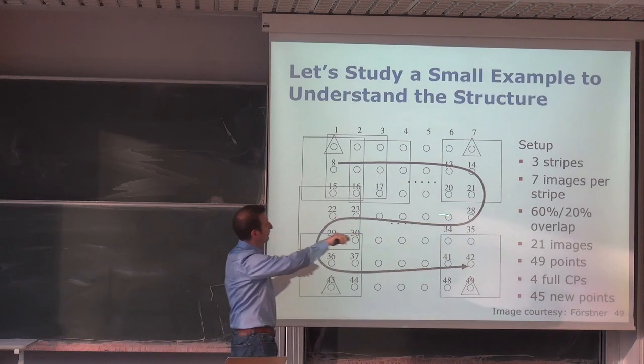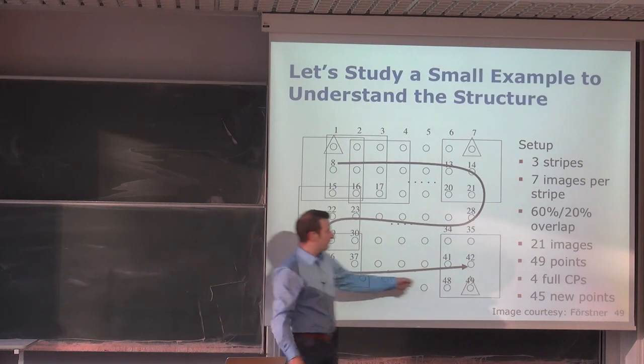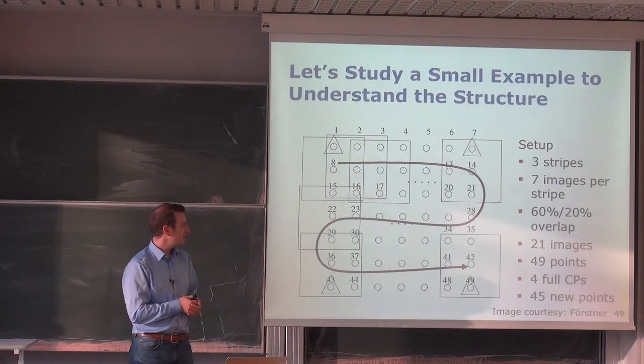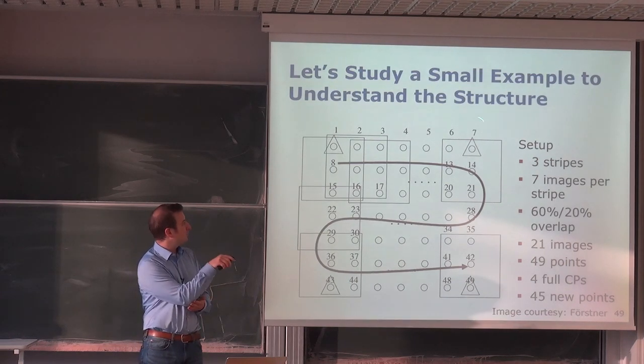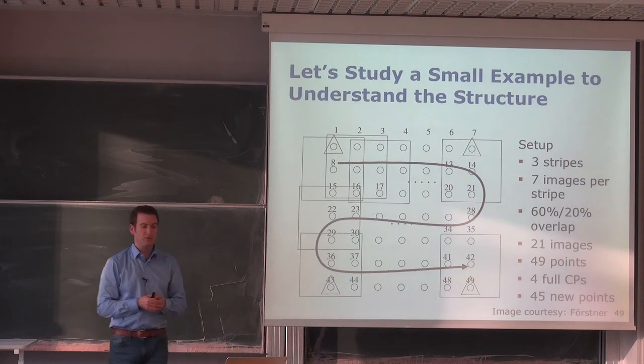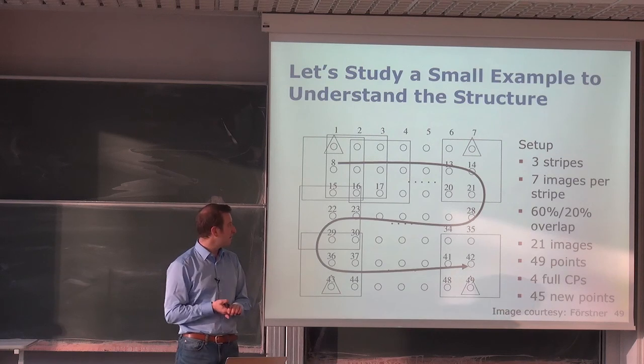We have 49 points in a 7 by 7 grid, and 4 of those points, so 1, 7, 43, and 49, are known control points. So we have 4 full control points, that means we know their x, y, and z location.